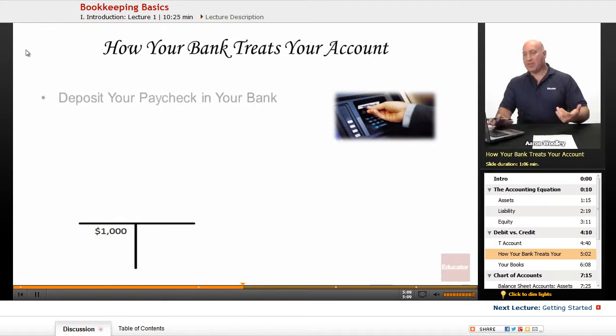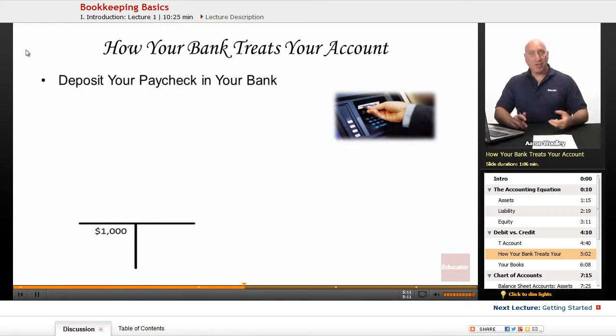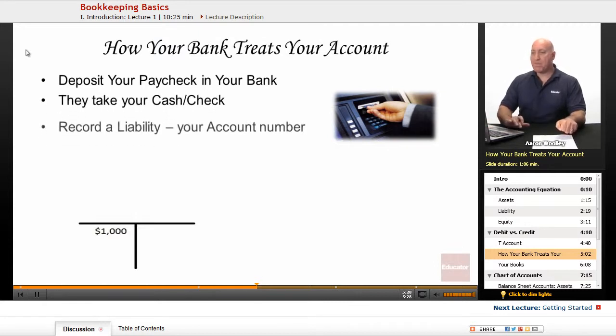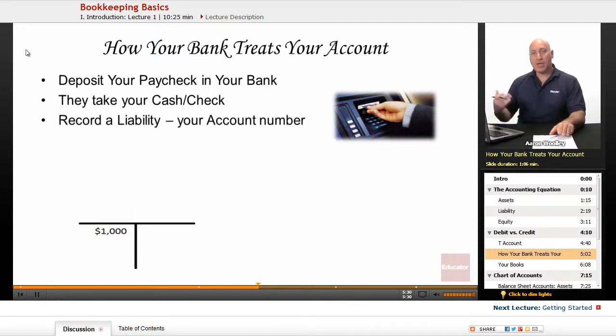When you make a deposit, your paycheck, you get $1,000, you debit on the left side your check. They will take your cash and debit their cash account, because now they have your $1,000. But at the same time, they will record a liability on the right side, your account number.